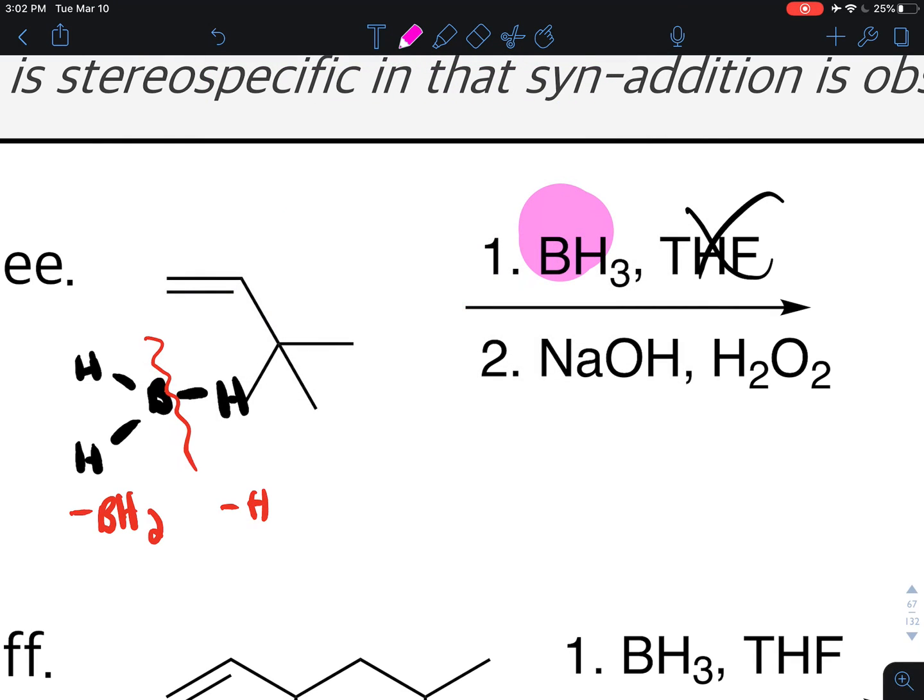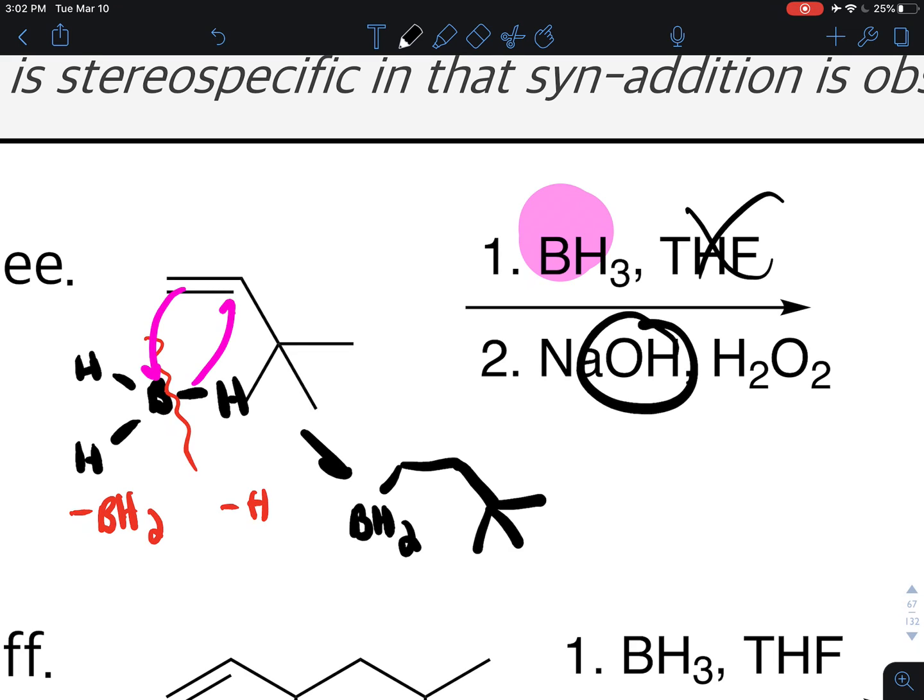So essentially the mechanistic arrows would be something that looks like this. This pi bond going here, and that hydrogen going there. Okay, so the result from step 1 is simply this. What step 2 is going to do is add this source of hydroxide to where this BH2 group was and put the OH there.